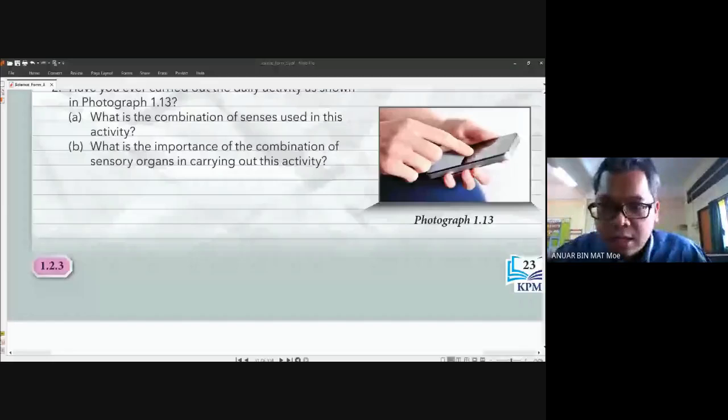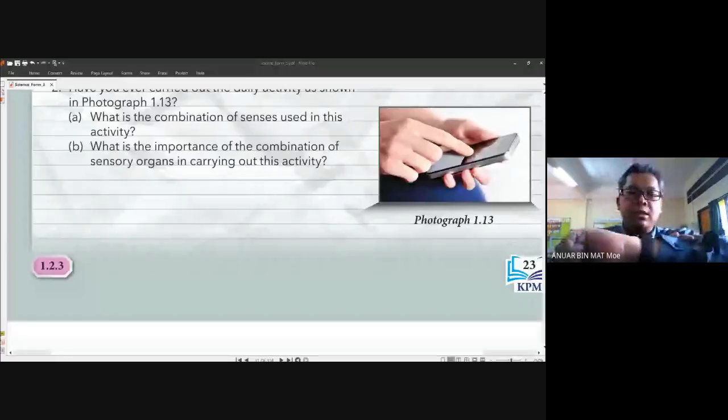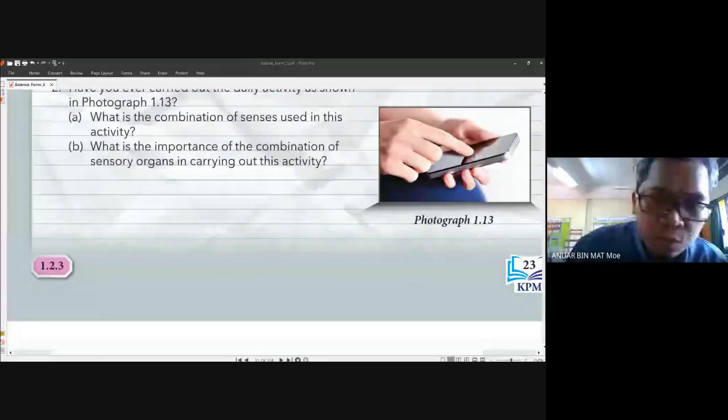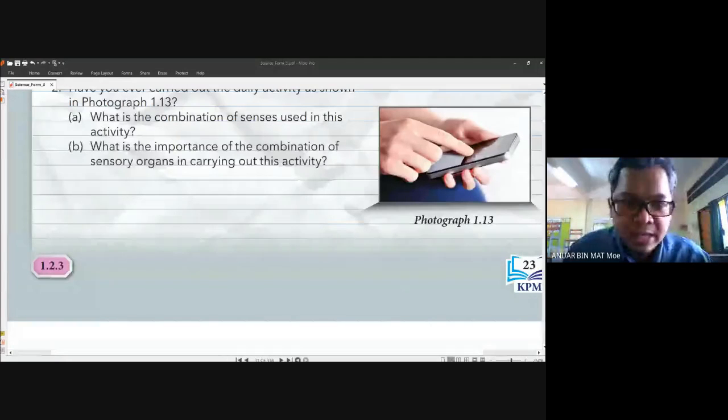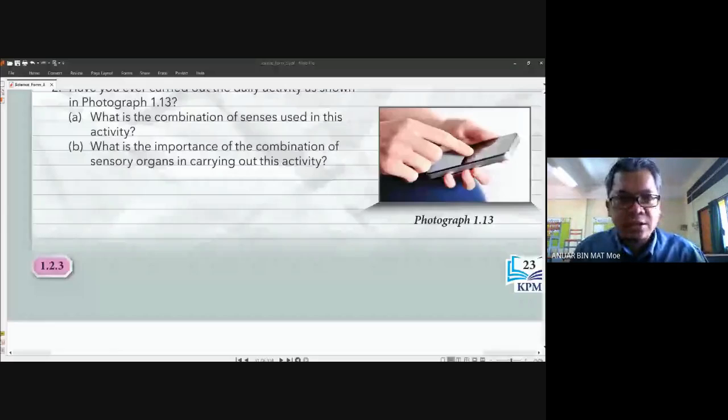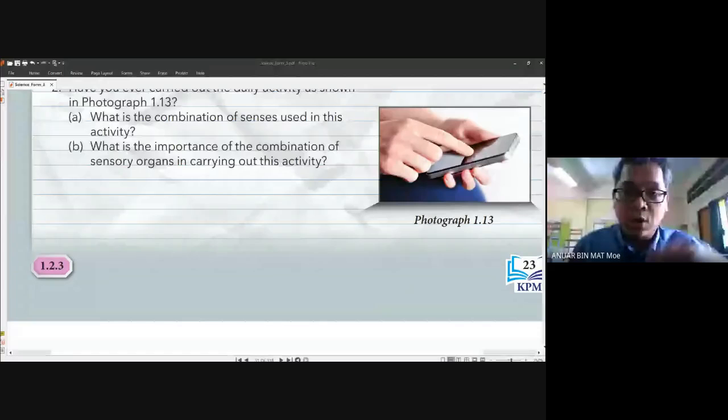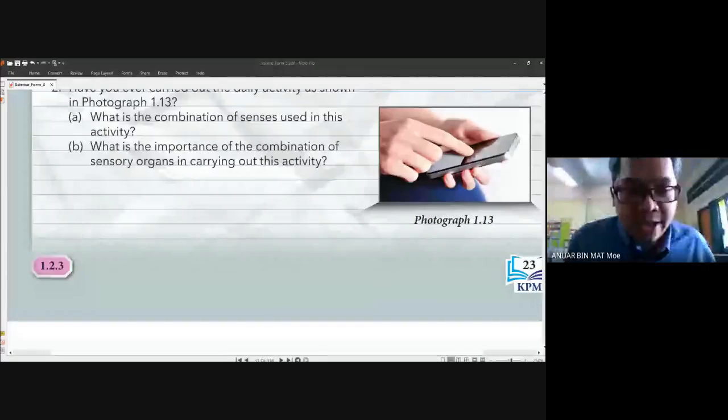Our next class is tomorrow, 11:30. We will meet again tomorrow. So if there is no other question, I think we can stop here. And for any homework, I will update on our Science Telegram group. Is it okay? Okay, very good.